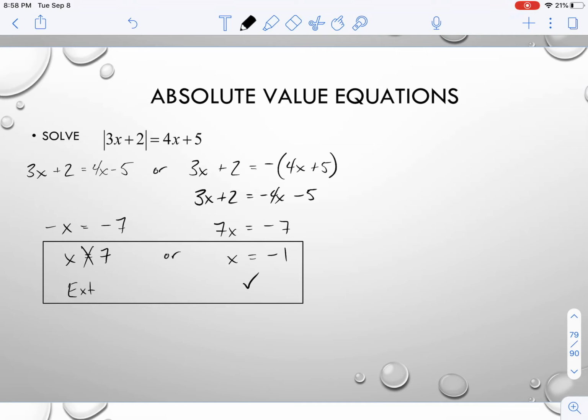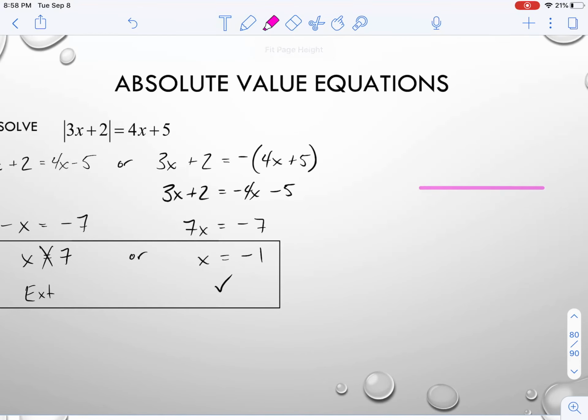Okay? So again, one of the big tip-offs is when you have an X outside of your absolute value. What happened here is, if I do a quick sketch of this, I have an absolute value that shifted to the left a certain amount.